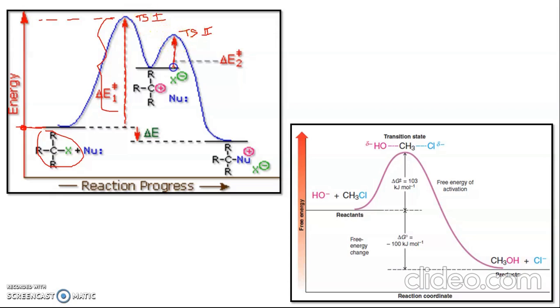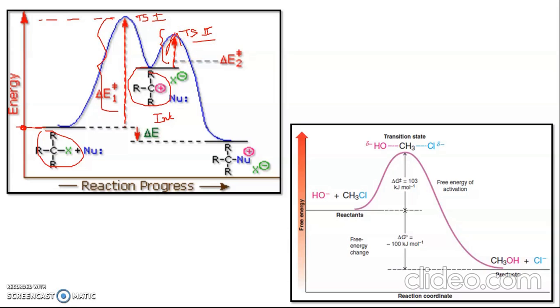Now this is the activation energy of the second step. This is our intermediate carbocation, intermediate, I am writing here INT. If you consider this intermediate as the starting material for the second step, and this is your transition state 2, then this energy gap will be the second activation energy.